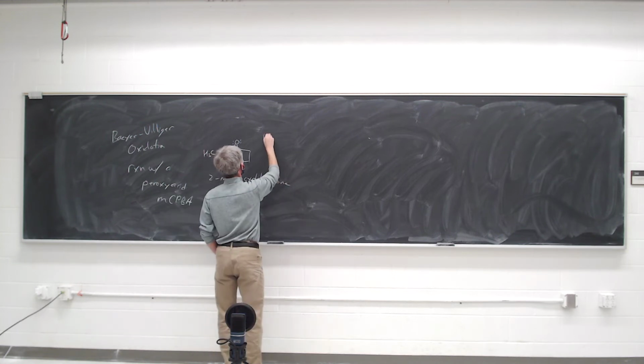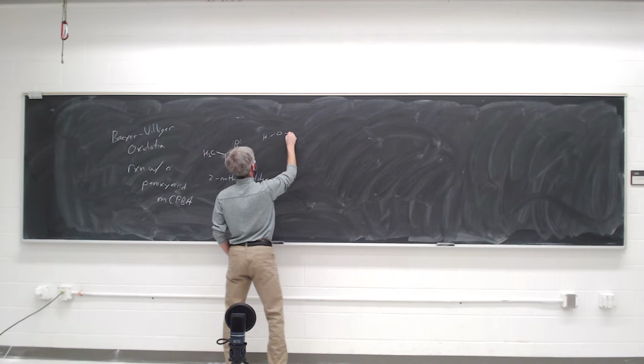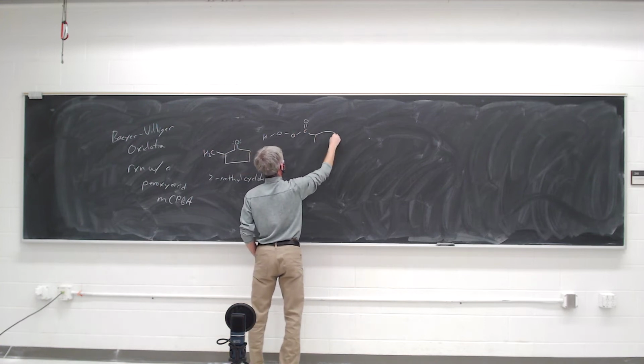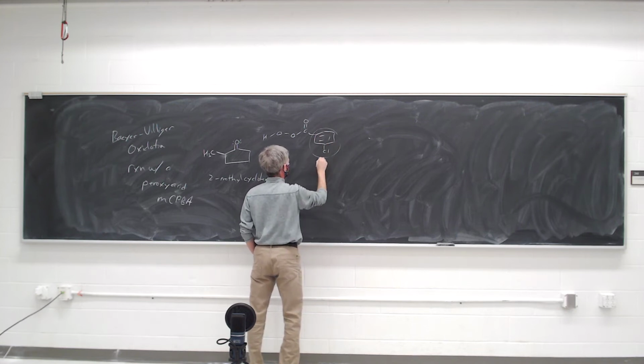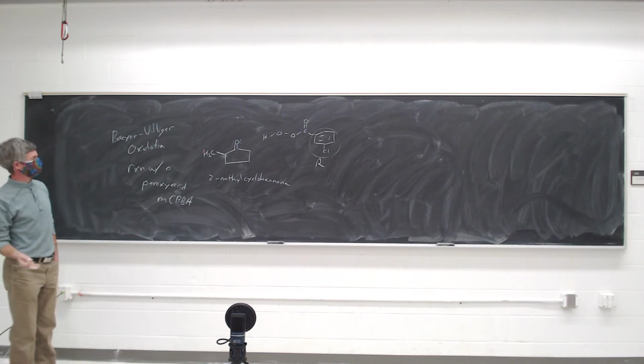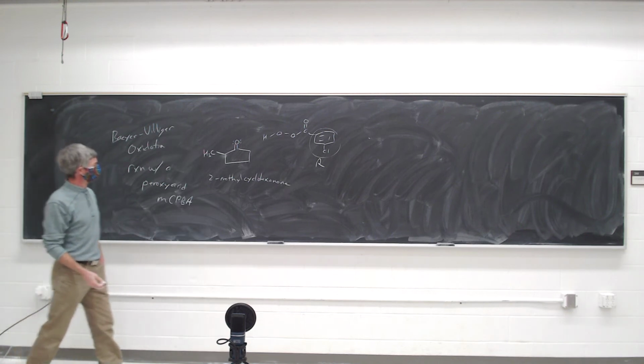Take 2-methylcyclohexanone and treat it with this peroxy acid. It doesn't have to be that meta-chloro, it could be acetic, just something that's attached.